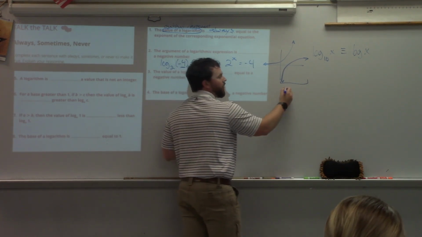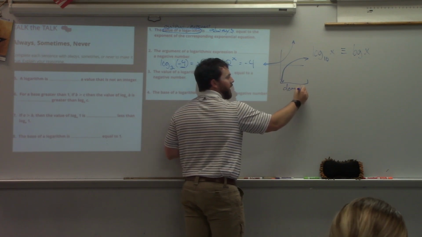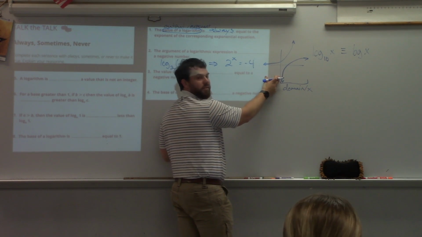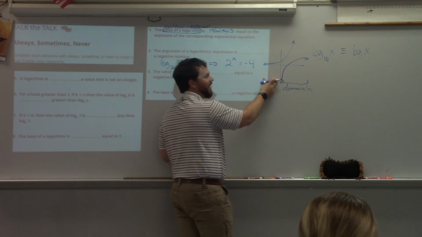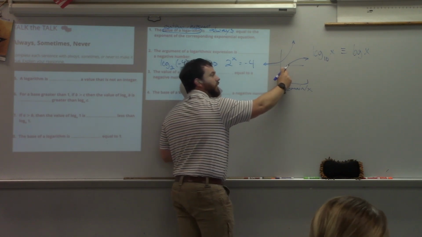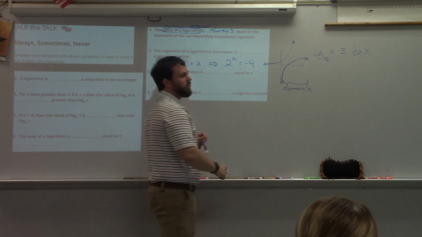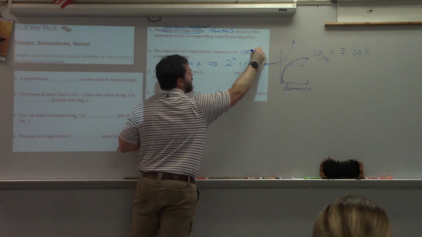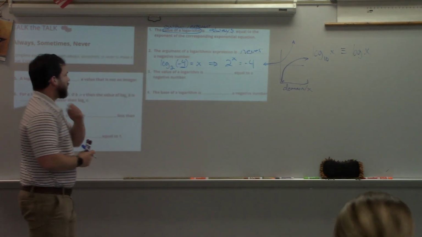Remember, input is for my domain or x. Do we have negative x values? No. If you're looking at the y, remember that's the exponent. So the argument is never a negative number.